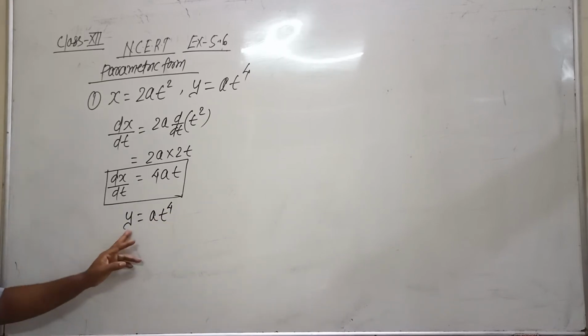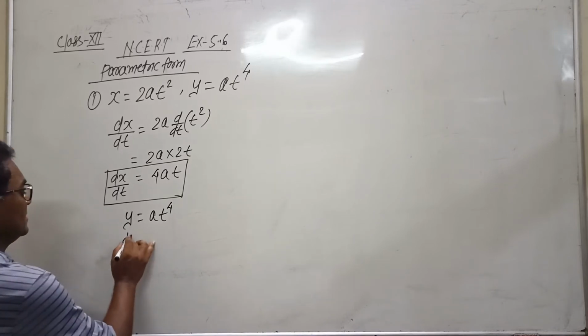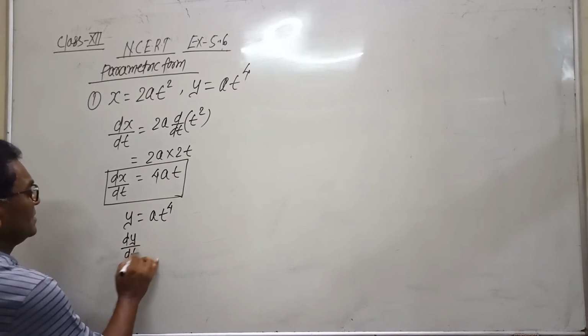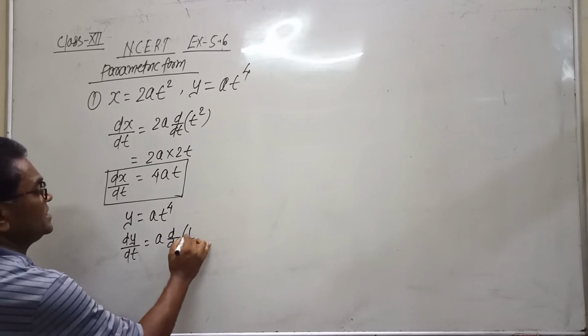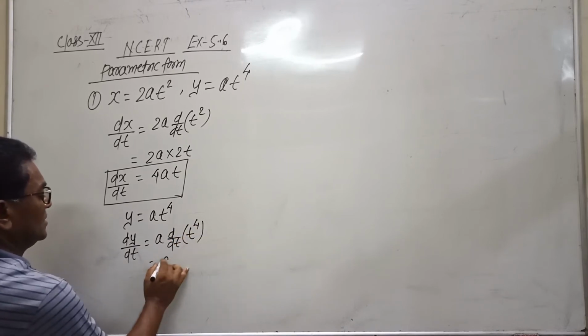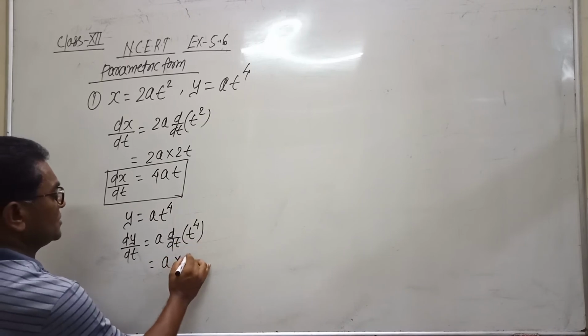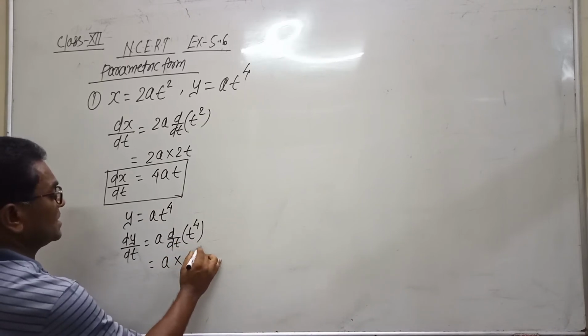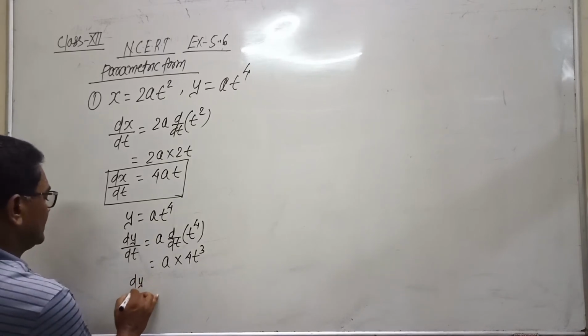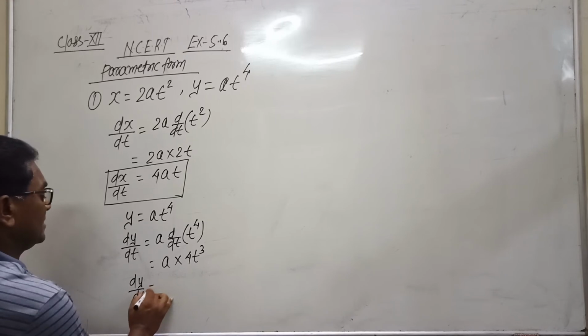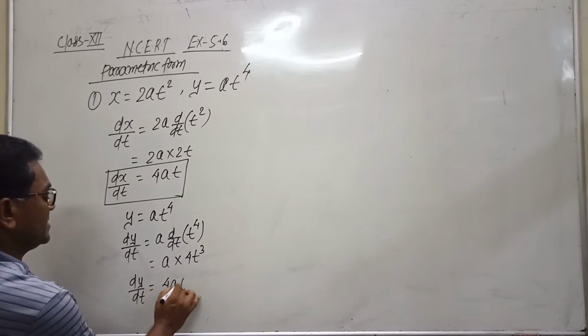This is the function of y in terms of t. Again find dy by dt. So dy by dt, a as it is, and d by dt of t raised to the power 4. So a into differentiation of t raised to the power 4, this comes 4t cubed, on the form x raised to the power n. So we get dy by dt equals 4at cubed.